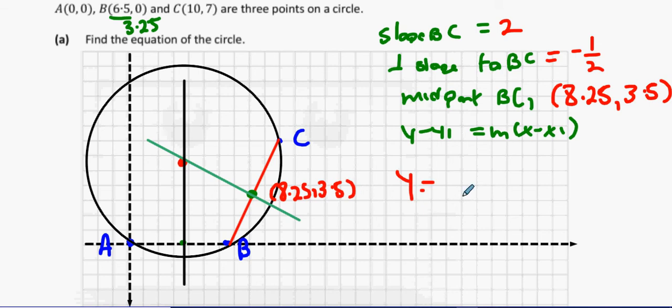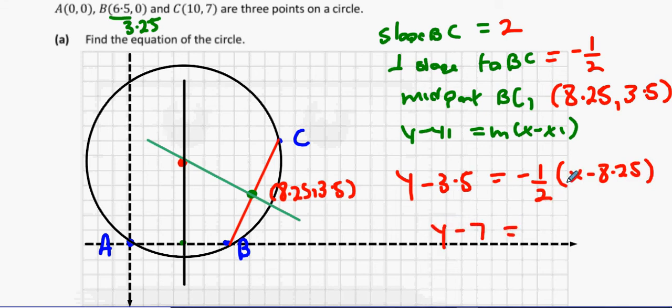So what we get here is y take away y1, y take away 3.5 equals m, which is minus a half, times x minus 8.25. Going to multiply across by 2, and I'm going to get y minus 7 equals minus 1x plus 8.25.